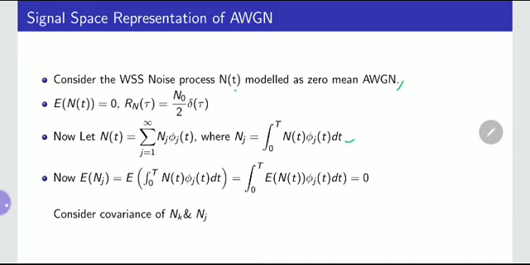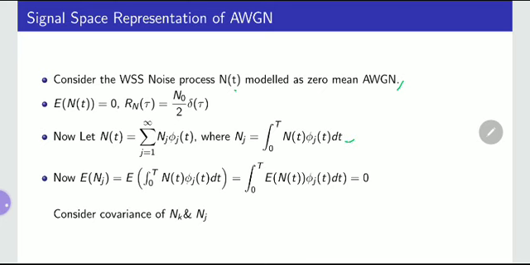E of nj is E of the integral from 0 to T of n of t phi j of t. You can use the property that the mean of the random process is 0, and therefore the expected value, the mean of nj, is also 0.